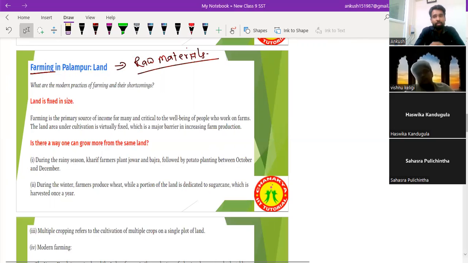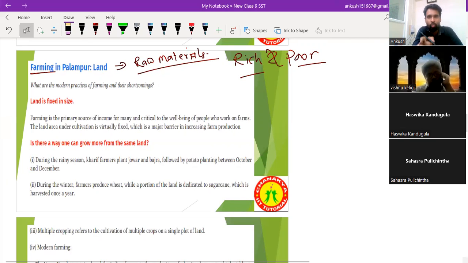Agriculture is the activity which is mostly done in Palampur, and most things depend upon the agricultural field, where the people of Palampur are involved. There are also some factors which make the people rich and also poor in the village. What are those things? We will go one by one.